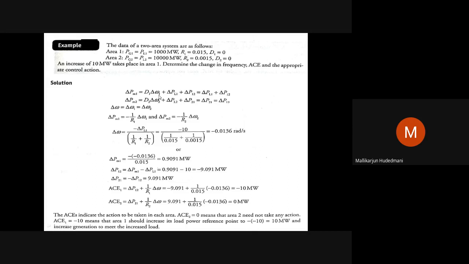So the mechanical energy balance at area 1 is delta PM1 equal to delta PL1, the actual load change, plus what is to be exchanged from area 1 to area 2, plus the frequency sensitive load in area 1. This is called energy balance here, which is rewritten as delta PL1 plus delta P12 because D1 is 0 here.